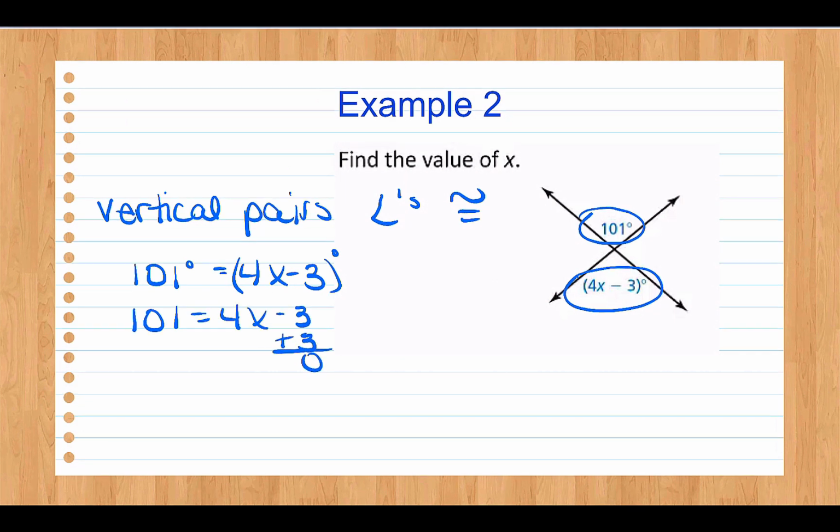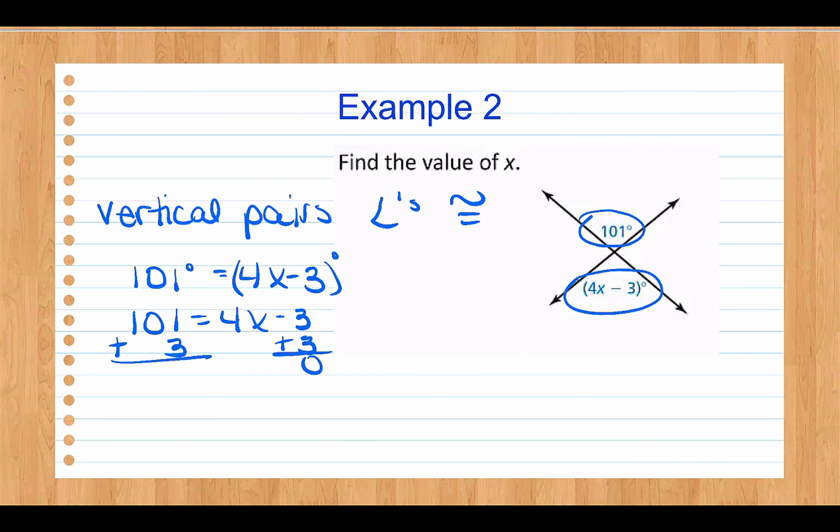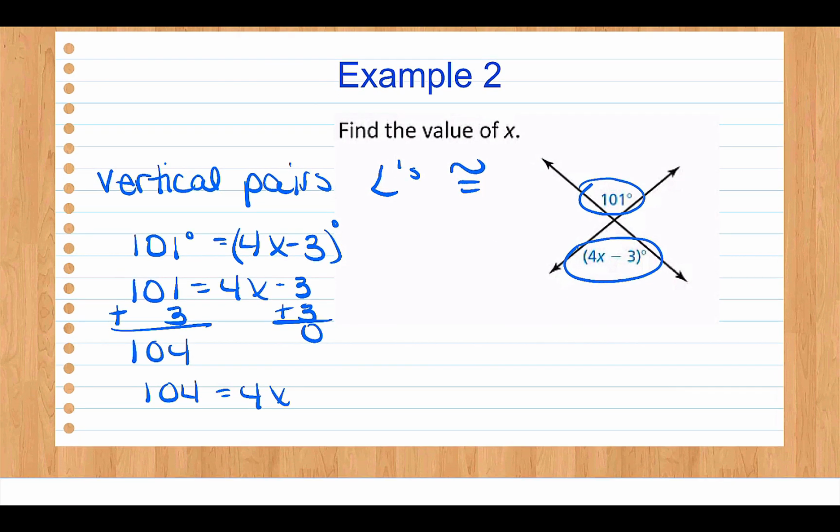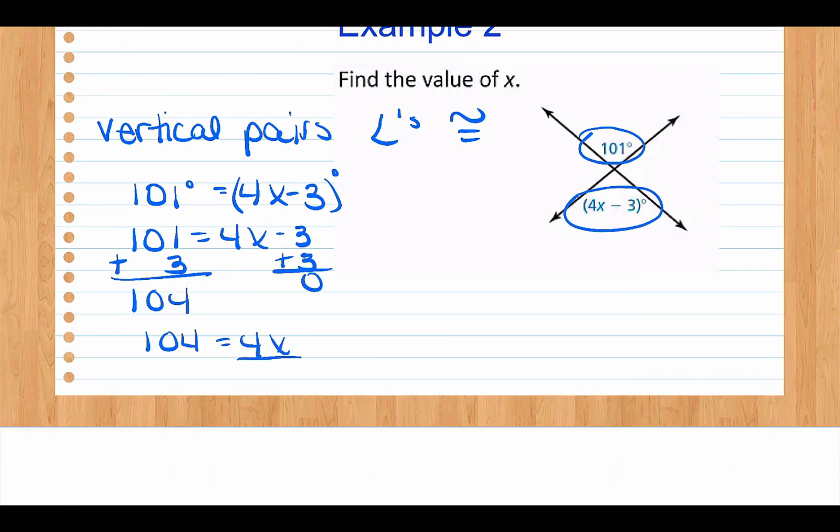I add 3 to both sides, and I have 104 equals 4x. I divide both sides by 4, and I get that x equals 16. Is that correct?